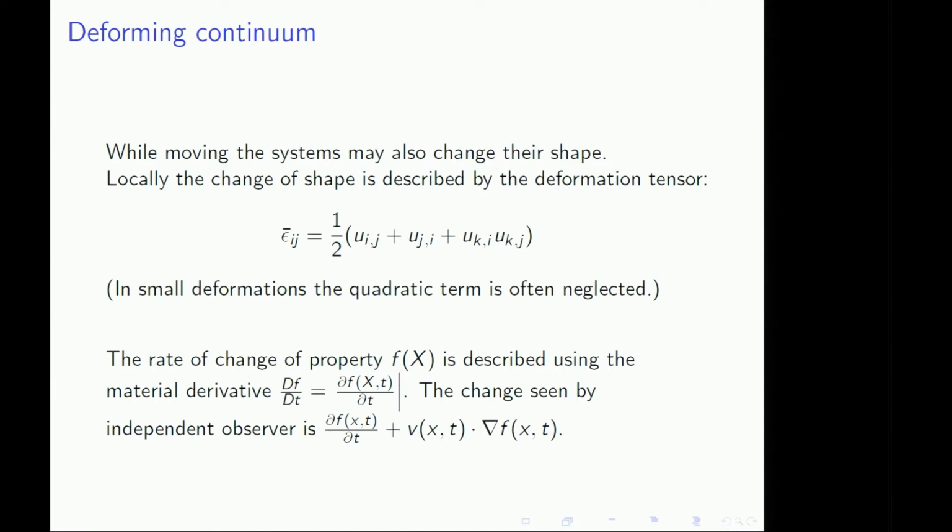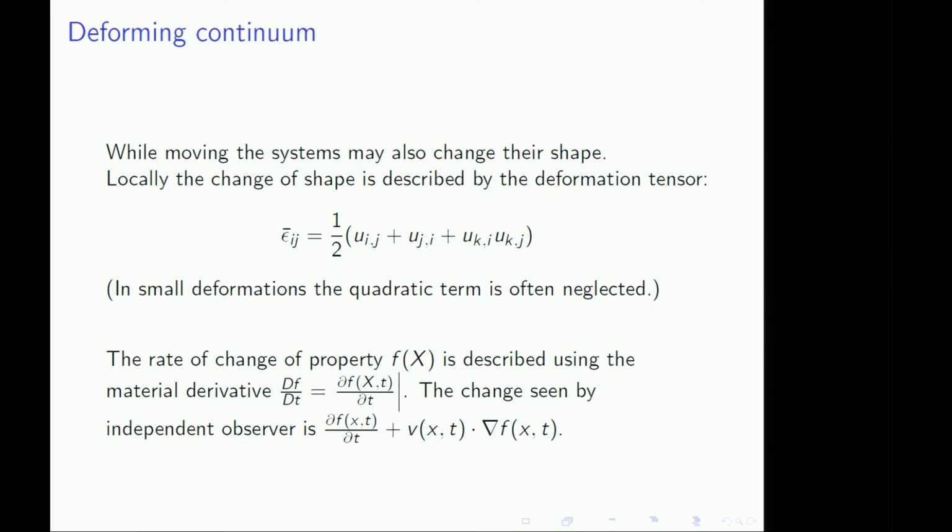It has the time derivative of f in a certain position, so the actual change of f in time, and a component that depends on the velocity of the particles that are moving through the observation point.